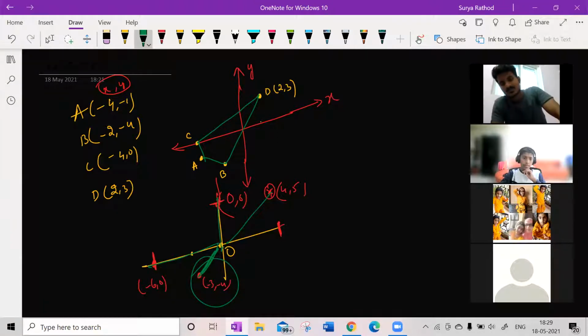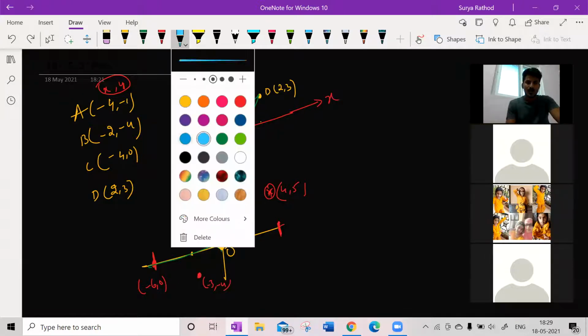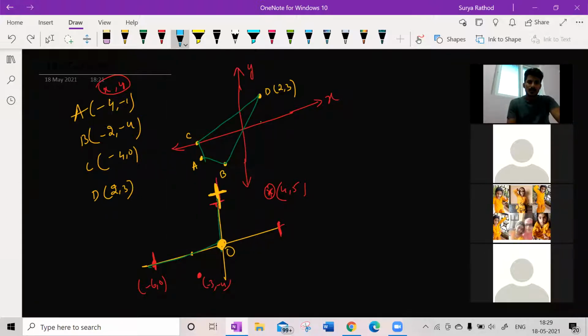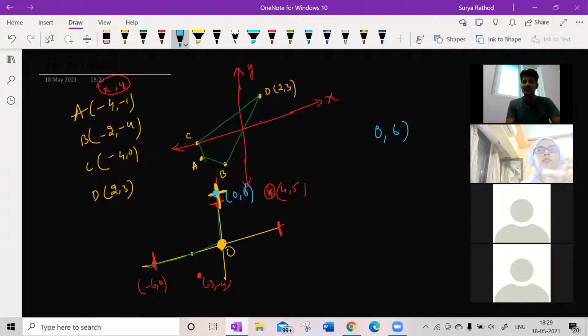Sir, where do we keep the point for (0, 6)? It is not necessary to keep a point. (0, 6) means the x-coordinate is 0 and the y-coordinate is 6.